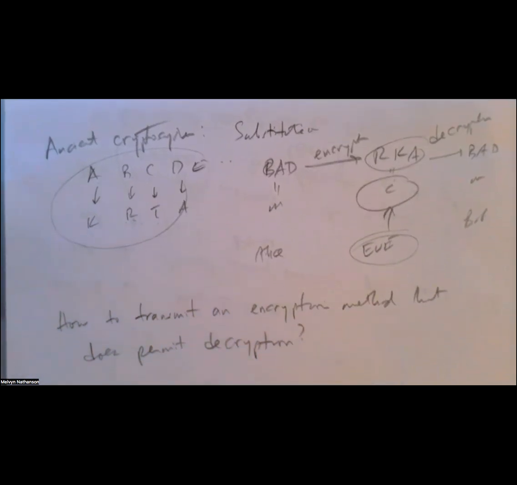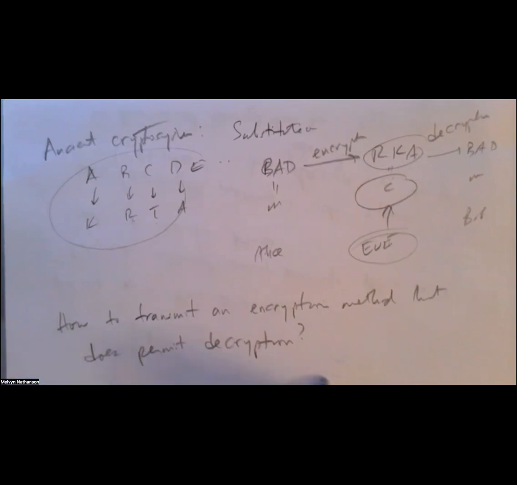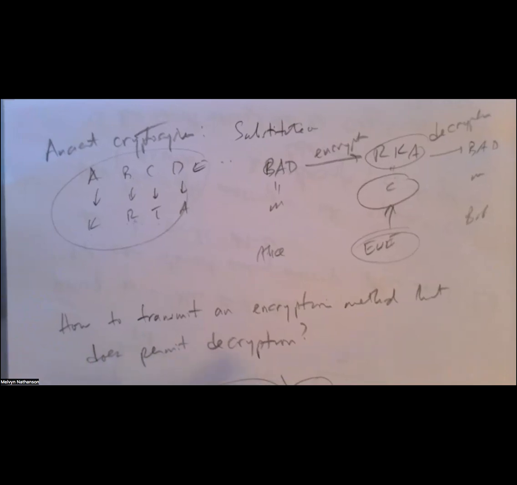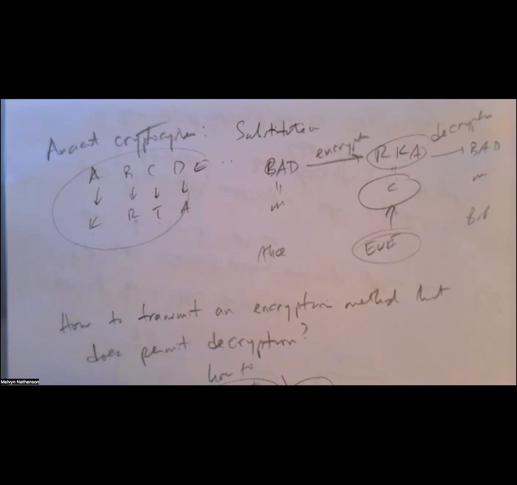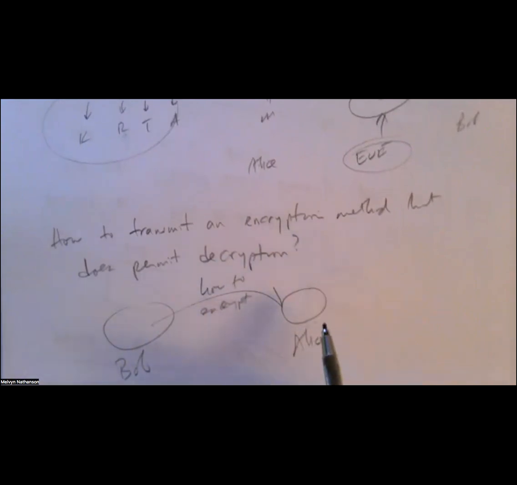So you have to think about this a little bit. So here is Bob. Here is Alice. Alice wants to send Bob a message. She has to encrypt it in some way. Bob has to tell Alice how to encrypt. And you have to assume that Eve intercepts this message. So Eve also knows how to encrypt.